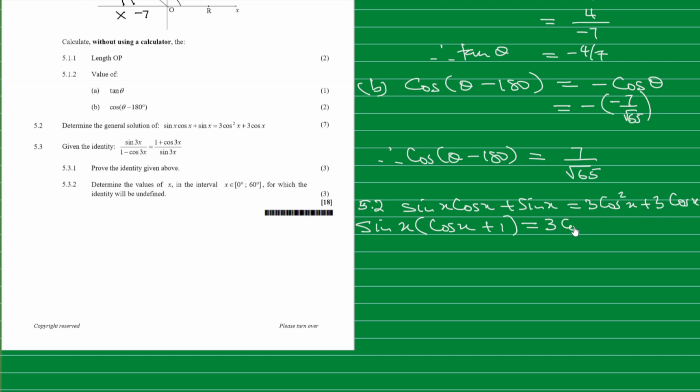So 3 cos x, we are going to get cos x plus 1. Now we can divide by cos x plus 1 on both sides. Okay, let's just do it in steps.